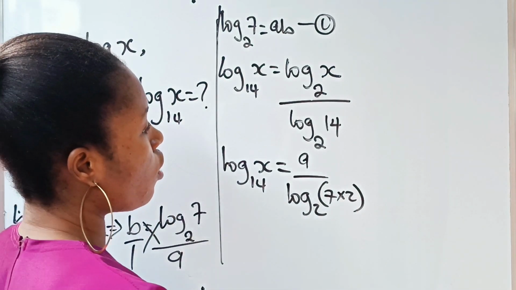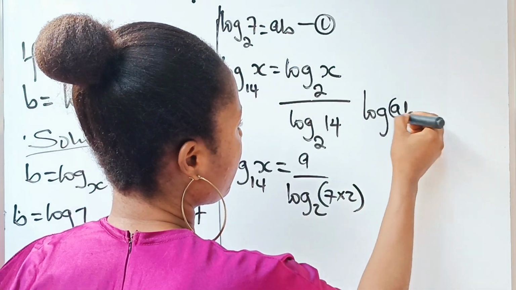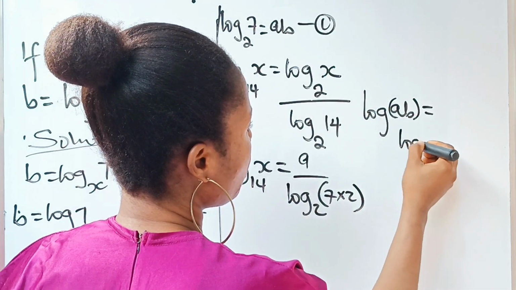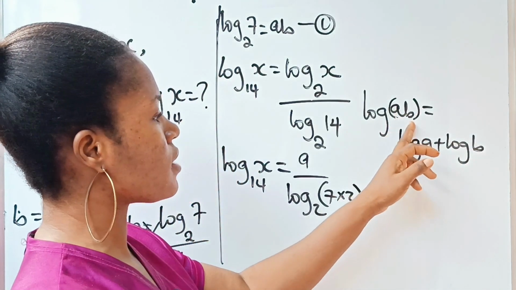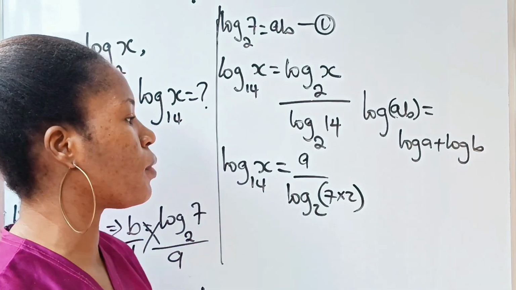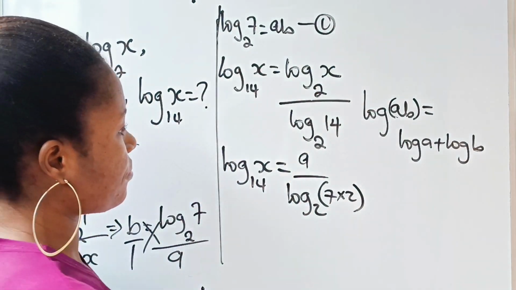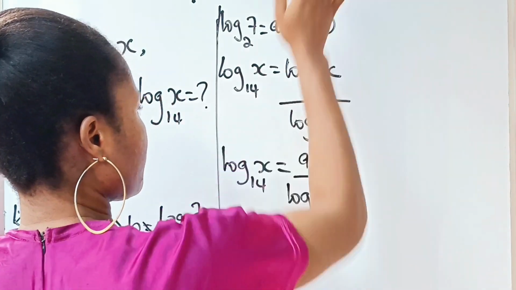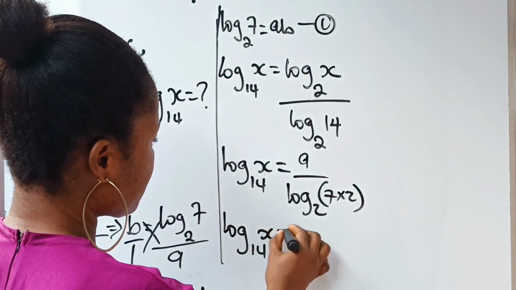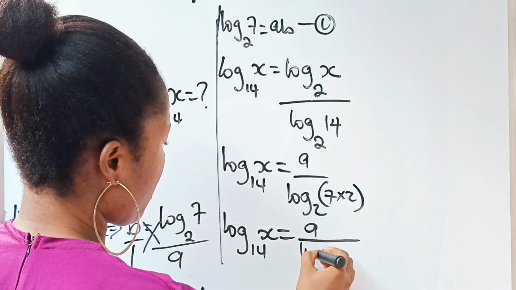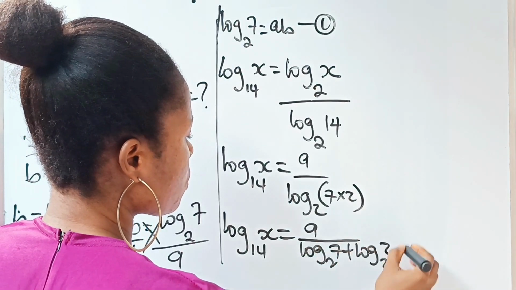According to the law of logarithm, log of a times b is the same thing as log a plus log b. That is why I can now write that log to base 14 of x is equal to a over log to base 2 of 7 plus log to base 2 of 2.